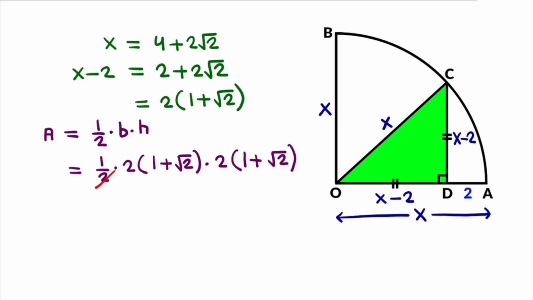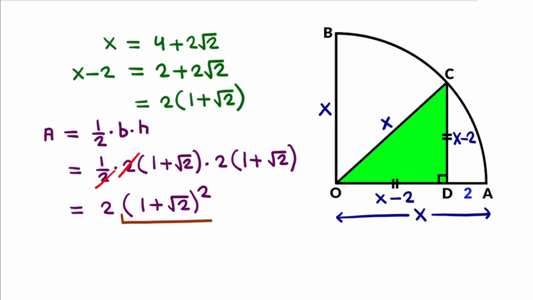The 1/2 cancels with one of the 2's, so we're left with 2 times the quantity 1 plus square root of 2 all squared. Let's expand that square.